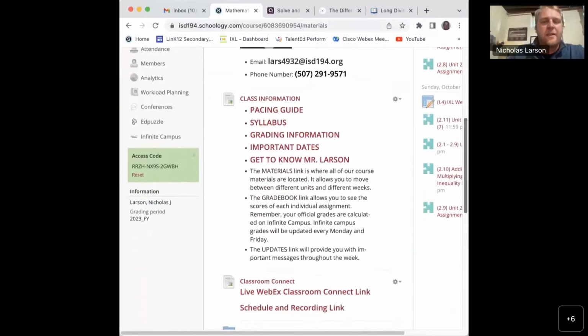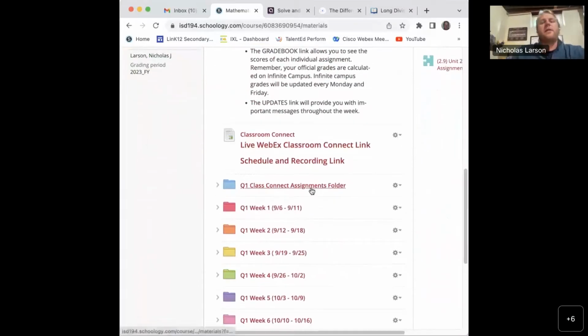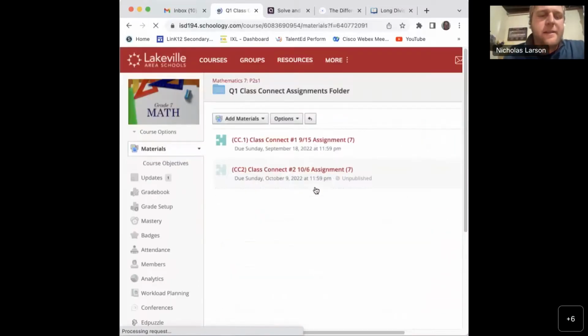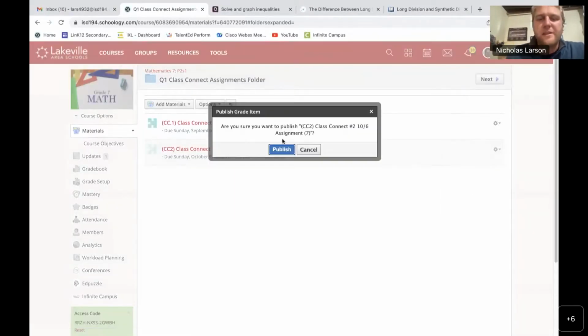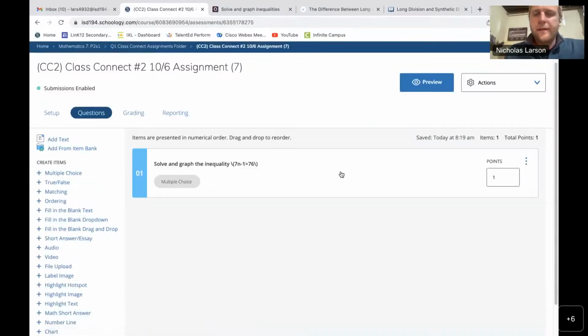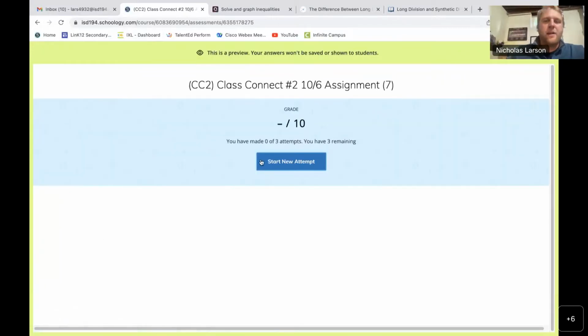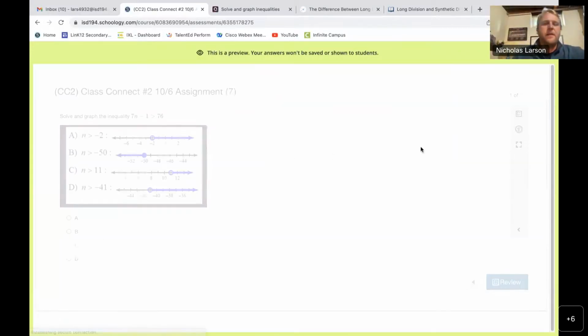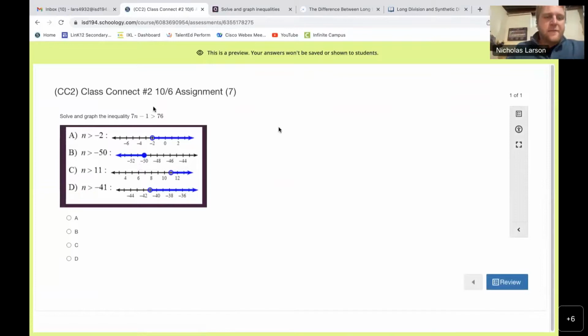So, again, if we go to our Schoology page and I look at the first folder, Class Connect assignments, I'm going to publish it so you can get to it. And the question goes, solve and graph the inequality. 7n minus 1 is greater than 76.